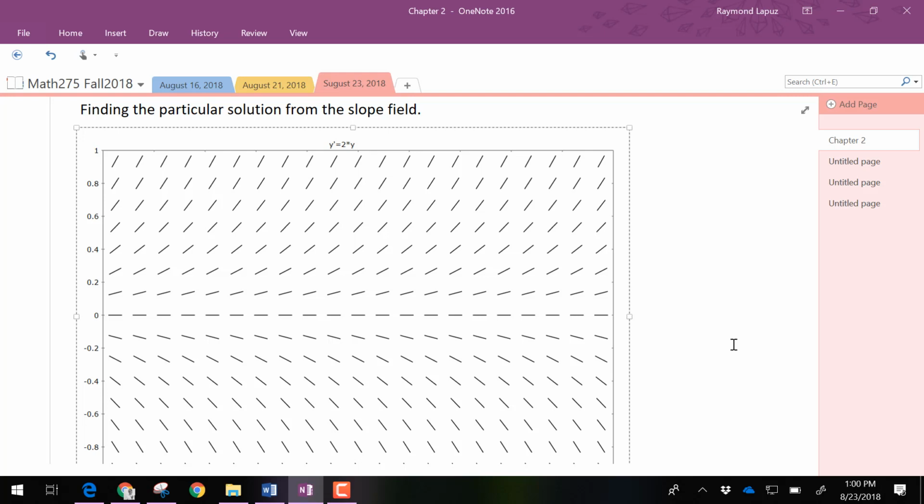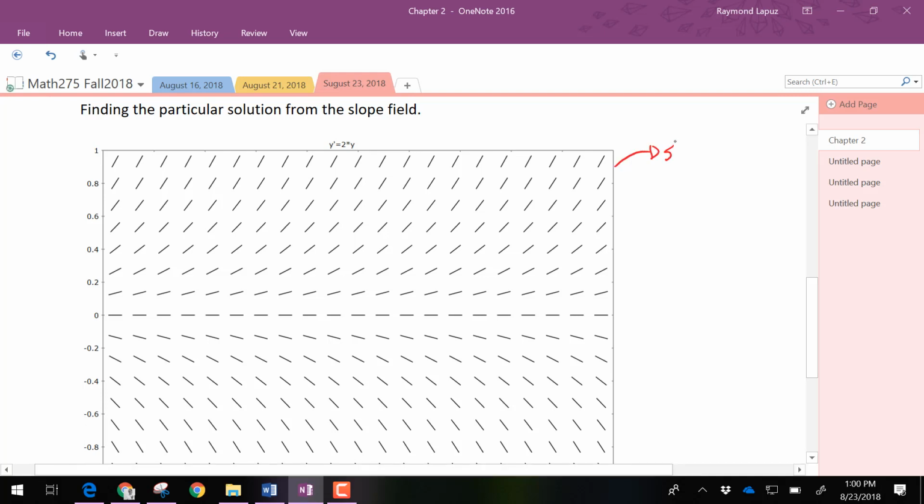And so all these slopes here represent the slopes for different curves. So remember that you get a family of curves.